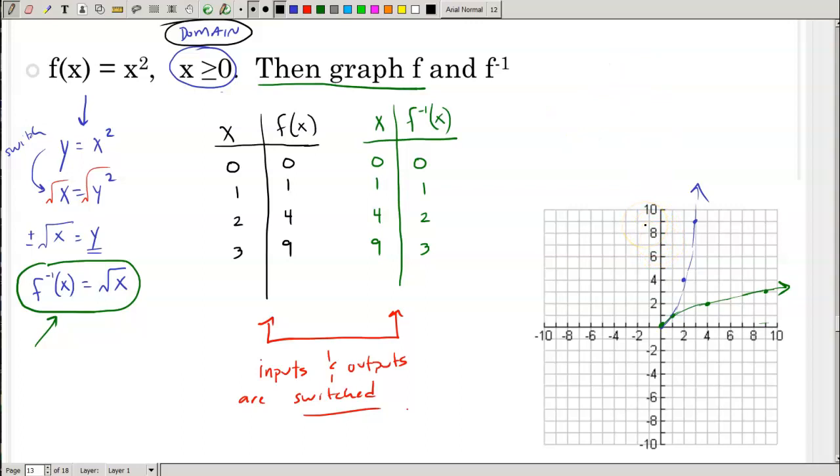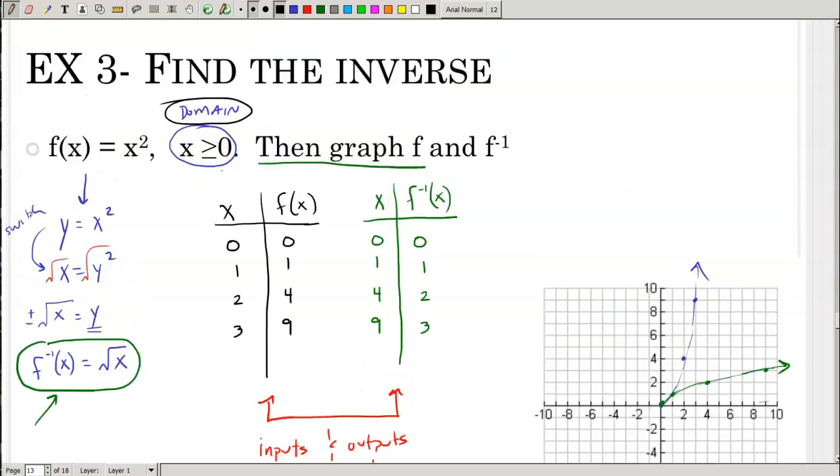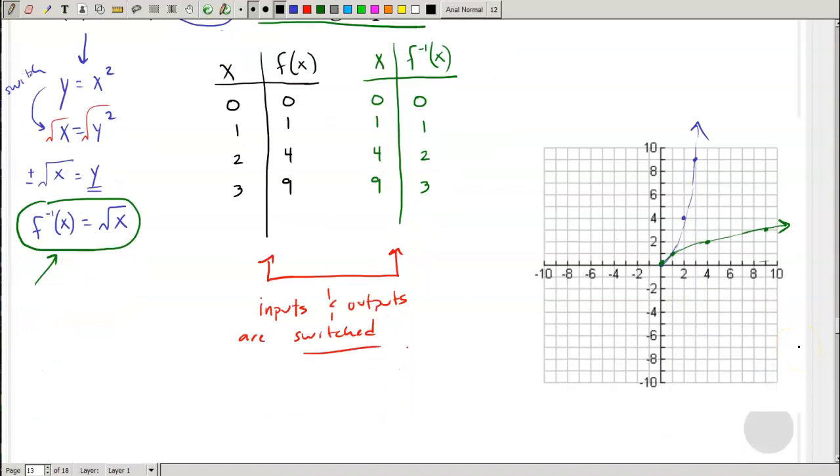Now, the other thing that you're going to note when you look at the graphs of inverses is there is a special relationship between the two, just visually. If you look at the blue and the green graphs, there really is some symmetry here. There is a mirror image, and the mirror image is a reflection over this line right here, which is not part of my f inverse graph.